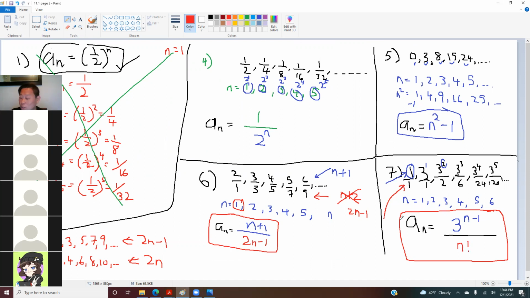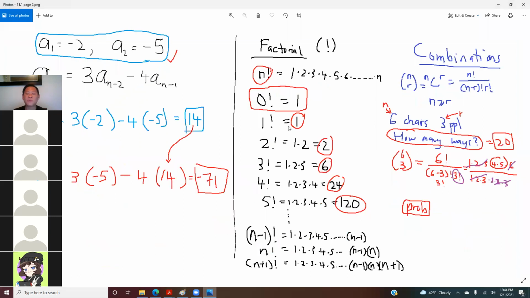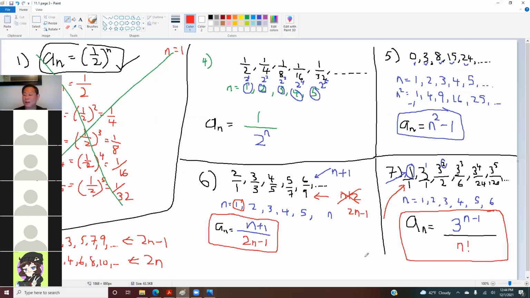The reason is that 1 factorial is 1, but what is 2 factorial? 2 factorial is 2, so it's not matched with this. Actually, if you look at this, it starts from 0 factorial. So when you do n factorial, this is considered wrong. So what we do here is n minus 1 factorial.